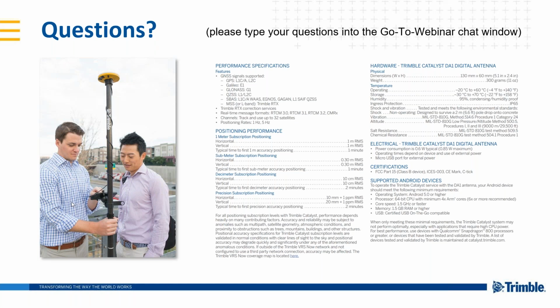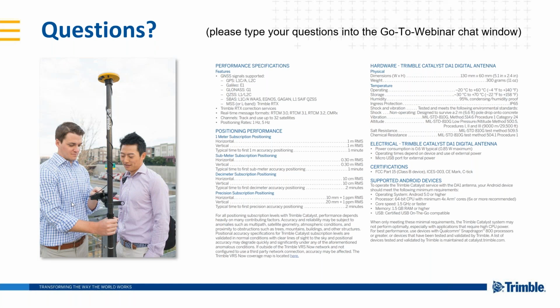In at least parts of Malaysia, I know that there is a local VRS network. So if you're requiring decimeter or centimeter level of accuracy, you will be required to use the Trimble Mobile Manager software to connect to that service.